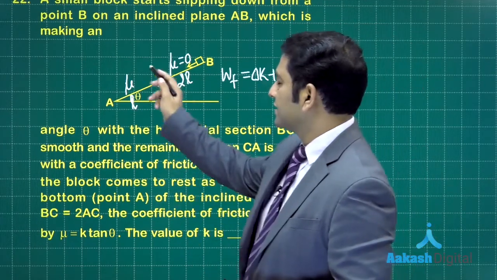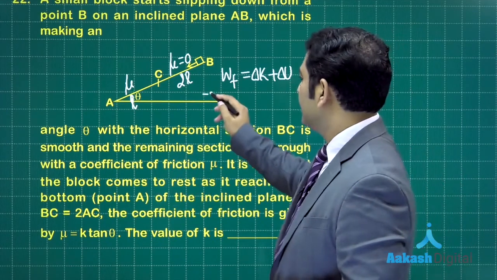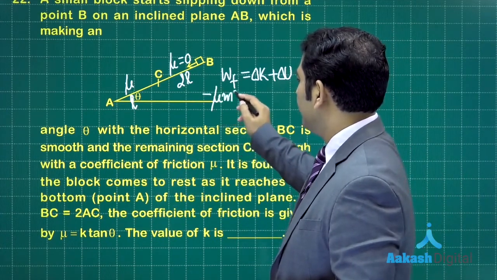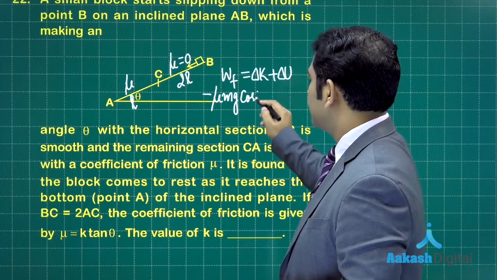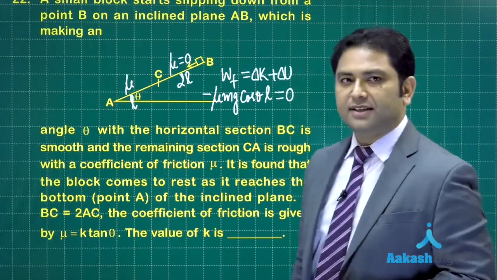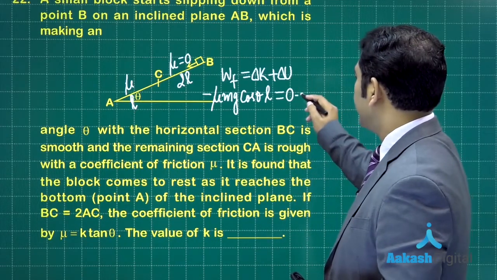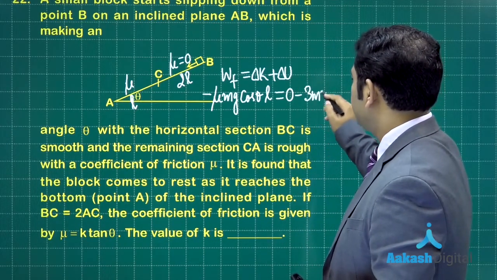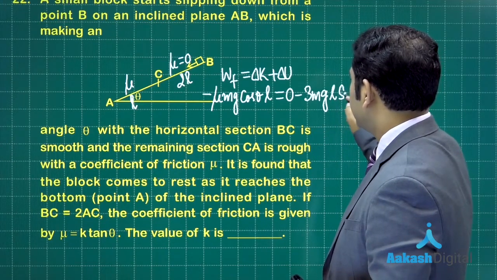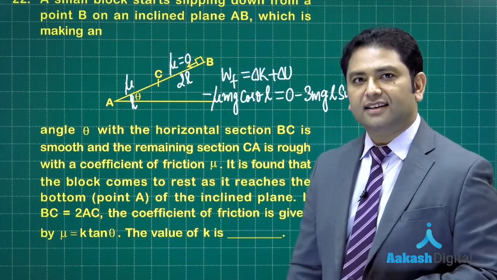Now the friction does work only for this segment, and that's going to be minus of mu mg cos theta multiplied by length. Change in kinetic energy is 0. And the change in potential energy is going to be minus 3 mgl sine theta. Remember, the height difference would be 3l sine theta.